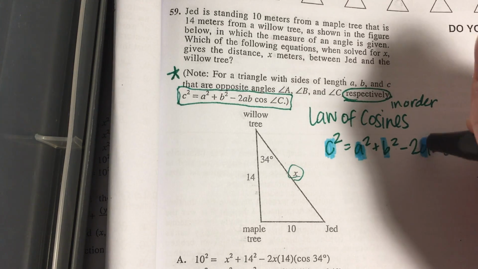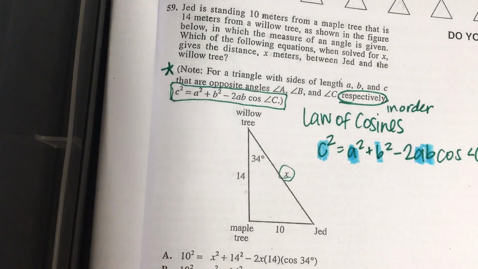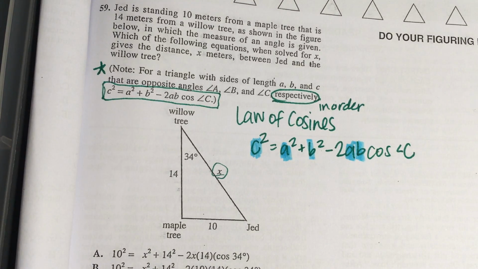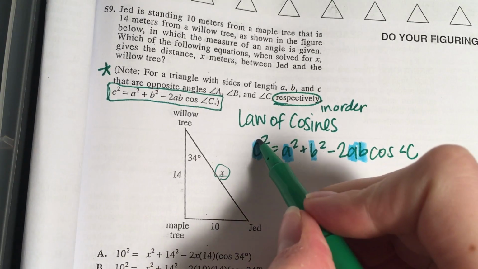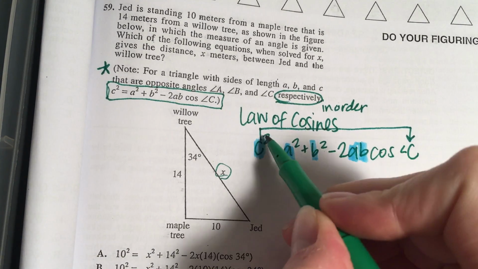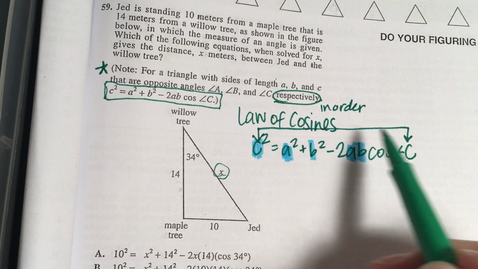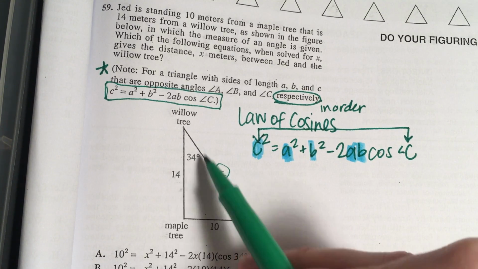Each of these is a side, A is a side, B is a side, and then angle C is an angle. These two things have to go together. So whatever C is has to be the side that's across from the angle that we have. In this case, we only have angle 34.